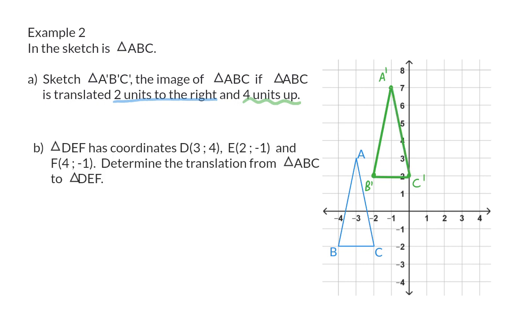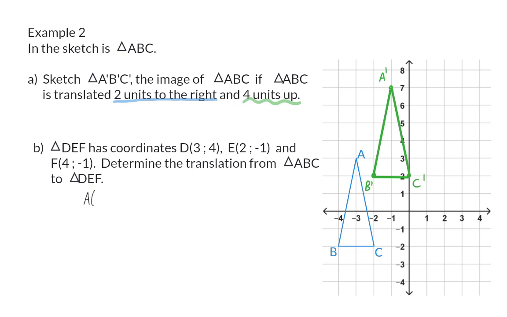Question B. Triangle DEF has coordinates D (3, 4), E (2, -1), and F (4, -1). Determine the translation from triangle ABC to triangle DEF. Now you can choose to either first draw triangle DEF or simply focus on the coordinates.